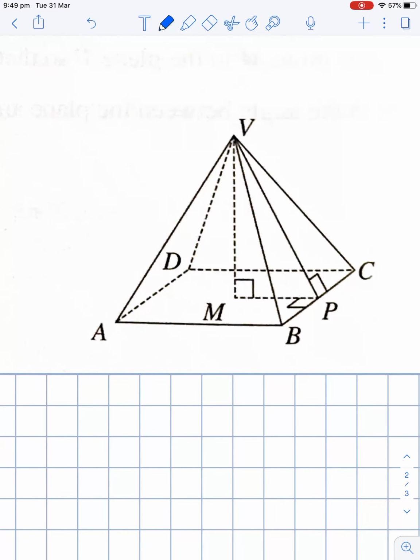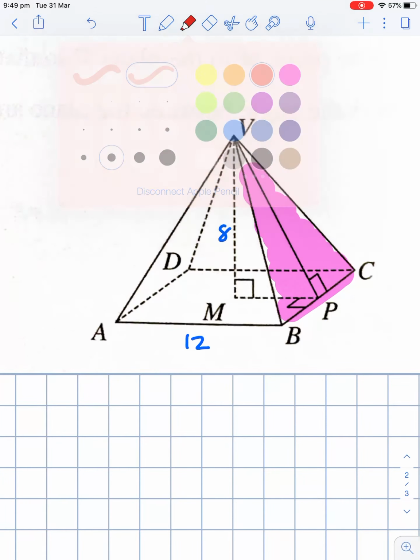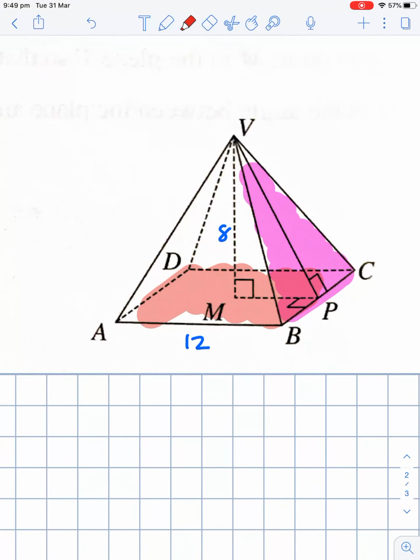Now just a reminder that that is 12 along here, and that is a height of 8 still. Okay, so we want to figure out the angle between this face and the base. So if I colour in the base and that side, what would be the angle between them?